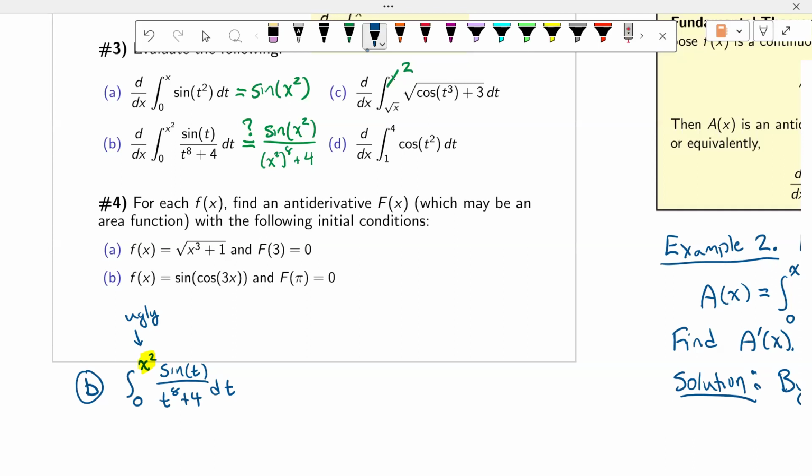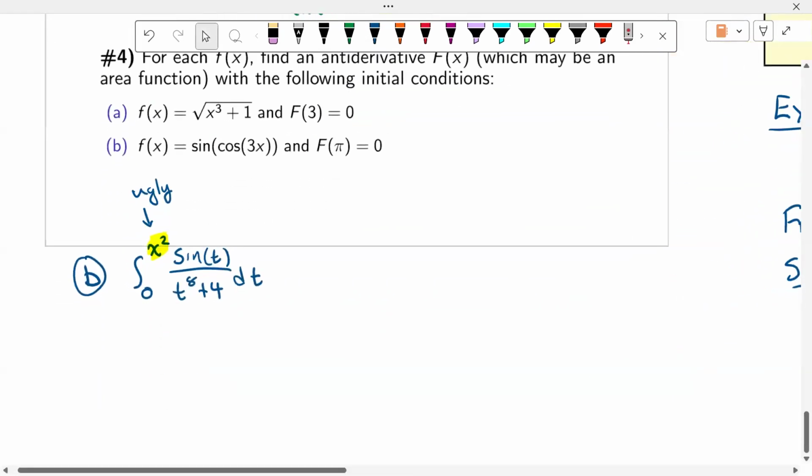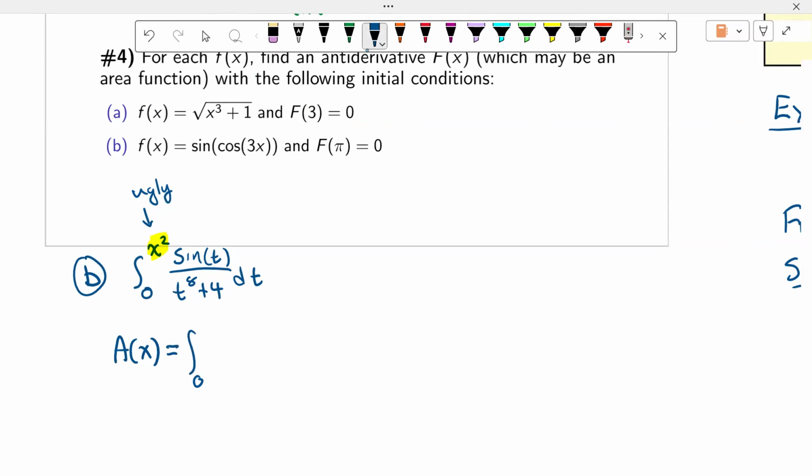Screws everything up. I don't like it one bit. What I would like better is to have this integral, which of course is not what I'm given. I would have much preferred to have this area function from 0 to x of sine t over t to the 8 plus 4 dt. That would have been nice, right? Everyone agree with me there?